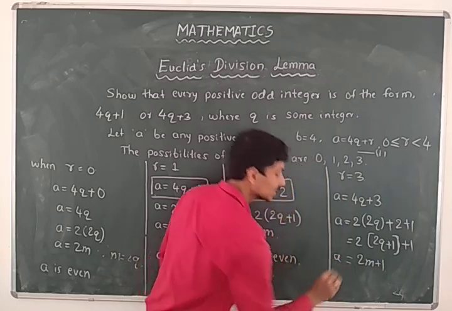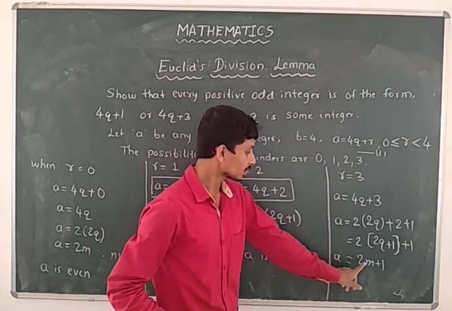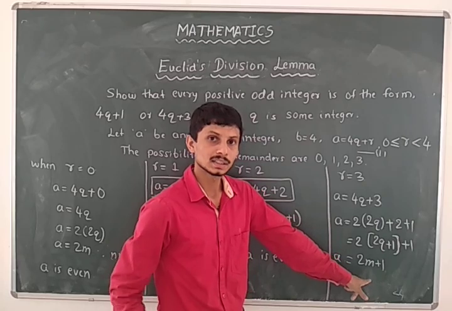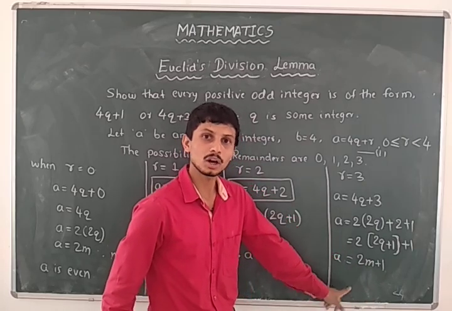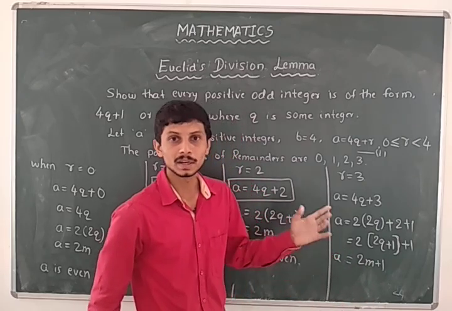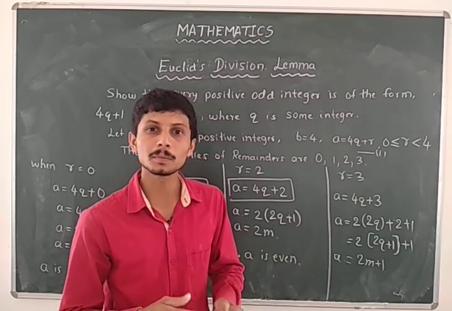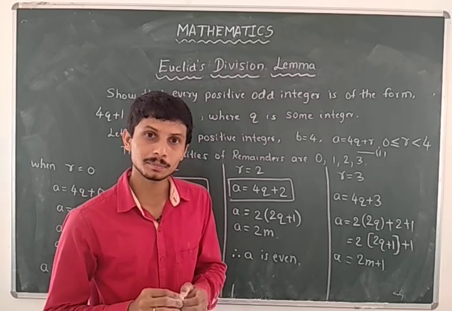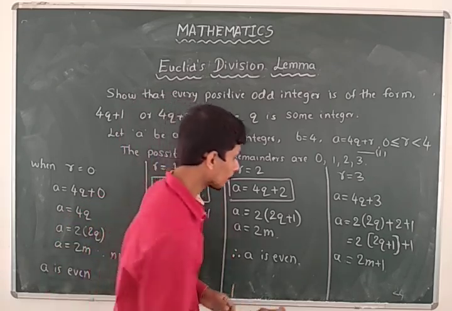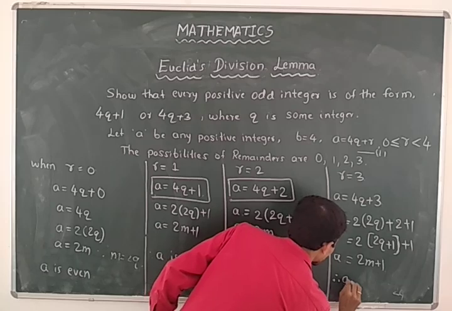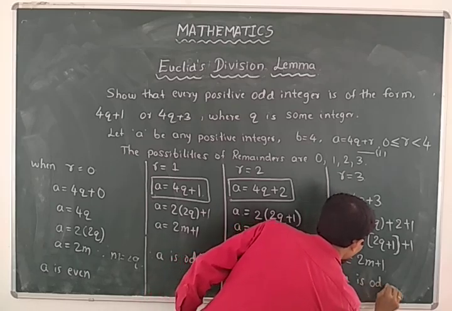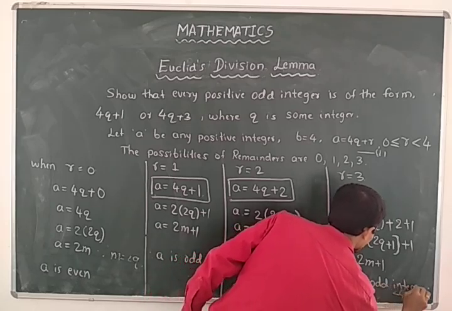So a is equal to 2m plus 1 means it is not completely divisible by 2. By the definition of an odd integer, a number which is not completely divisible by 2 is an odd integer. Therefore here a is an odd integer.